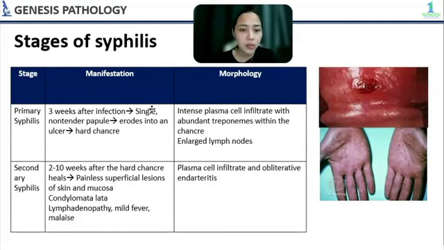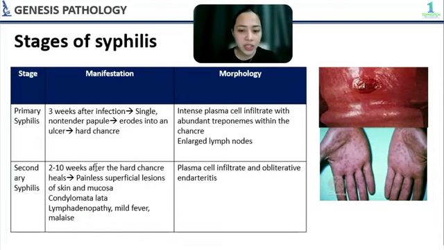Primary syphilis, this occurs 3 weeks after the initial infection. There will be appearance initially of a papule, which erodes into an ulcer, forming your hard chancre. So this is characteristically non-tender or painless. In terms of morphology, intense plasma cell infiltrate ang makikita mo.